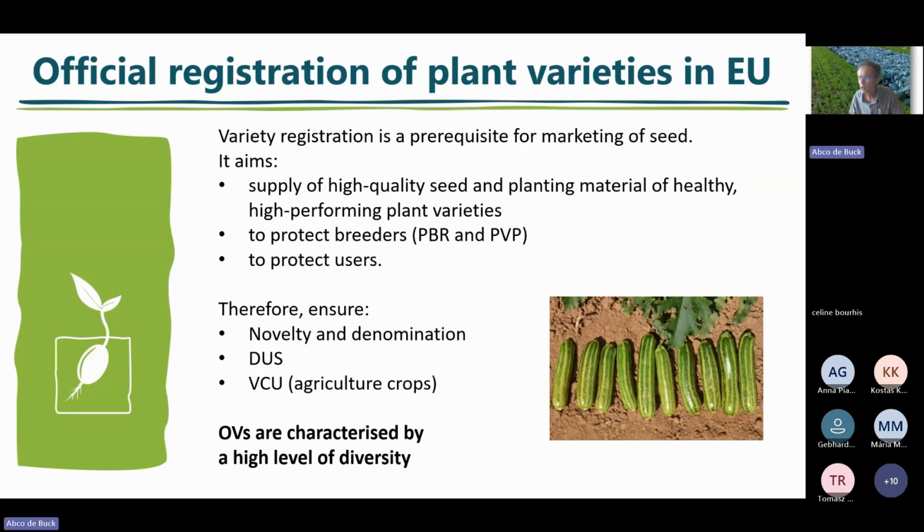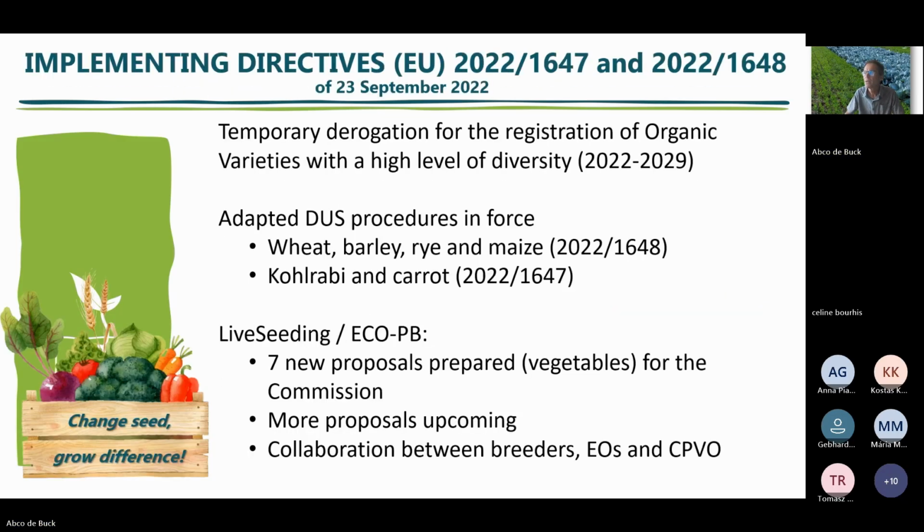Organic varieties are characterized by a high level of diversity. So the DUS procedure, because of the uniformity rules, may not apply. What does the law say about this? Since 2022, we have the implementing directives for organic varieties that say things about the adapted DUS procedures.